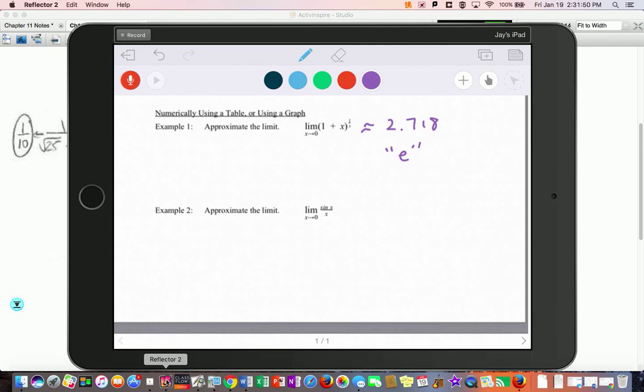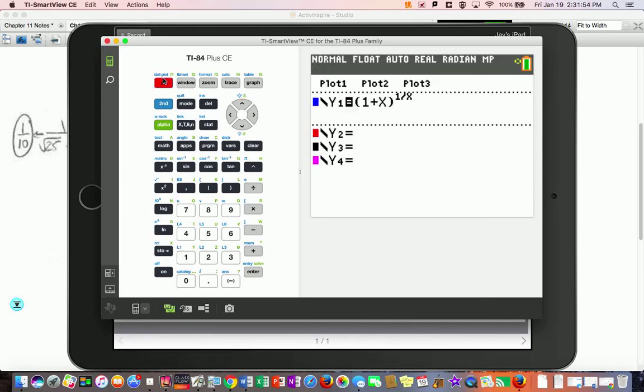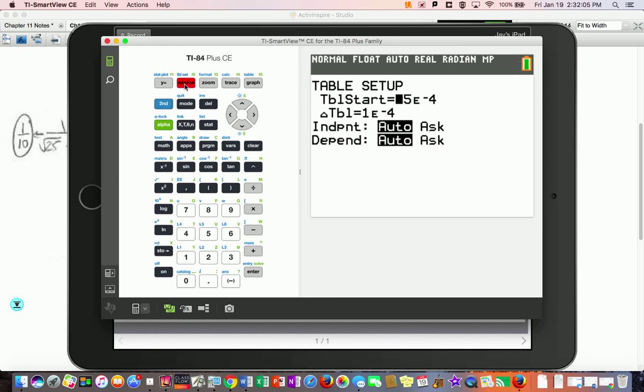And then the last one on this page, trig function, you do sine of x, and you divide by x, and our table should work. Start at 0, go small, but then you're going to have to move stuff.